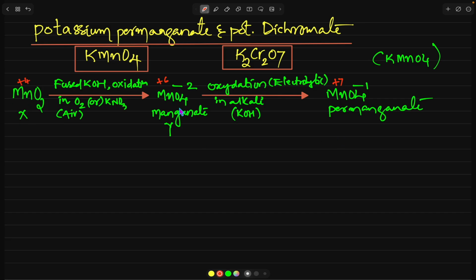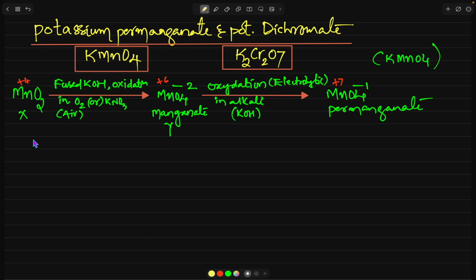MnO2 is oxidized to MnO4 minus 2, MnO4 minus 2 is oxidized to MnO4 minus, and this MnO4 minus when treated with simple alkali gives us the direct compound KMnO4. So it's a direct and easiest preparation. So this is KMnO4.